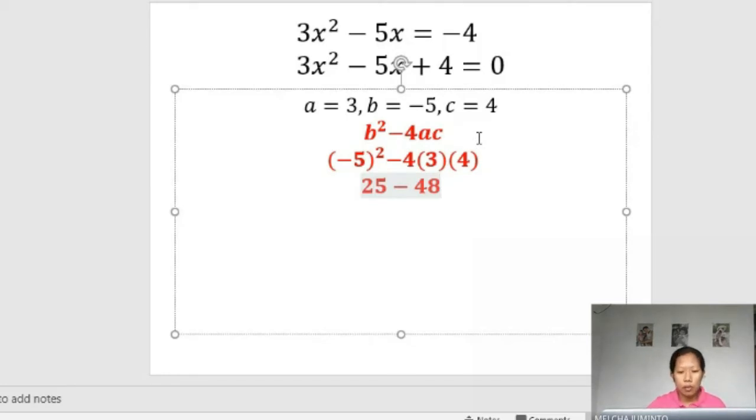So we need to subtract: 25 minus 48. The result is a negative number, negative 23.